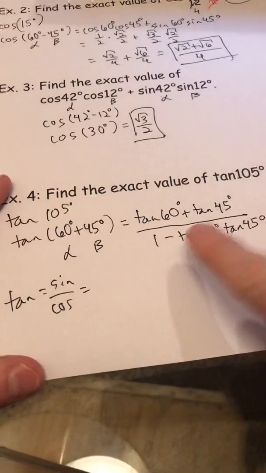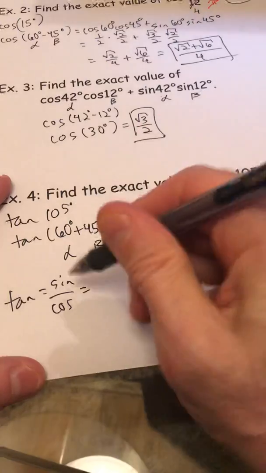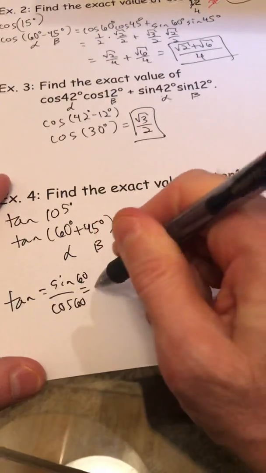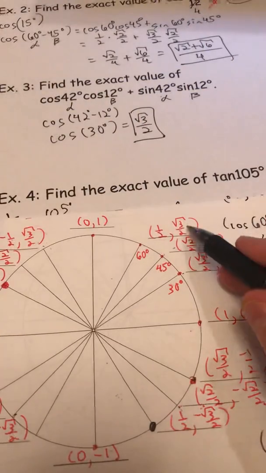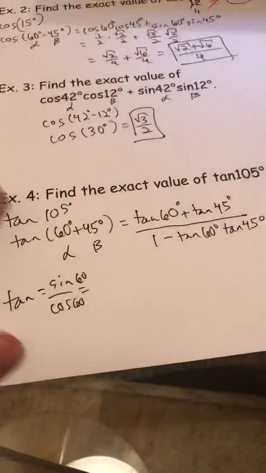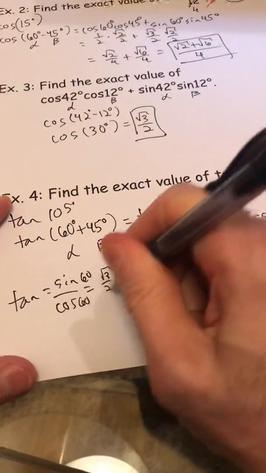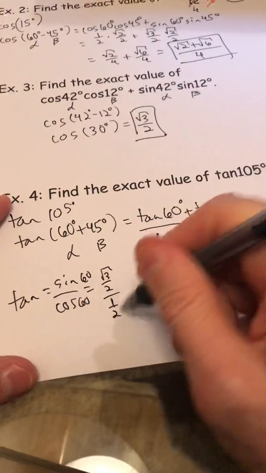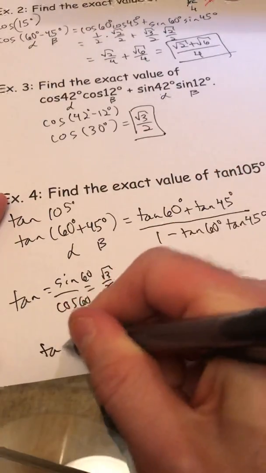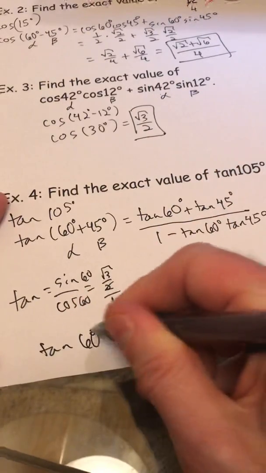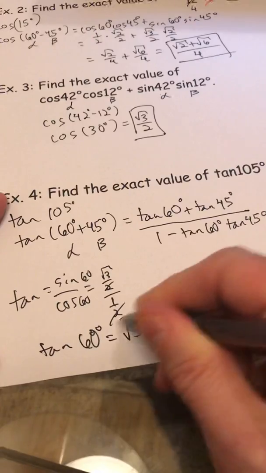So for 60, you can just come in on your unit circle. The sine of 60 is radical 3 over 2. The cosine of 60 is 1/2. So the tangent of 60 is radical 3.